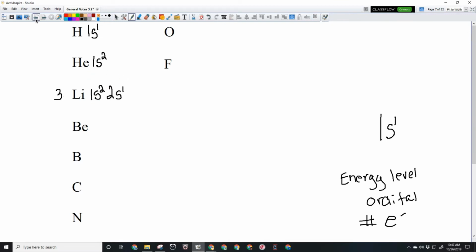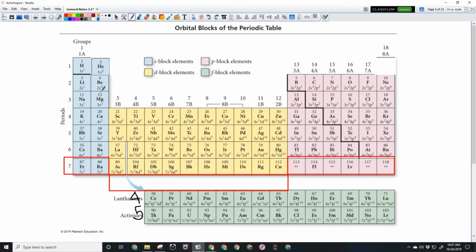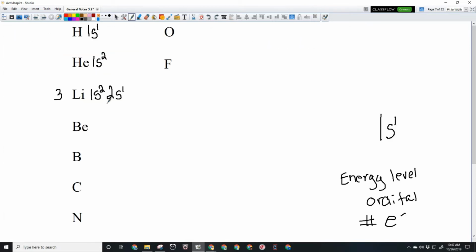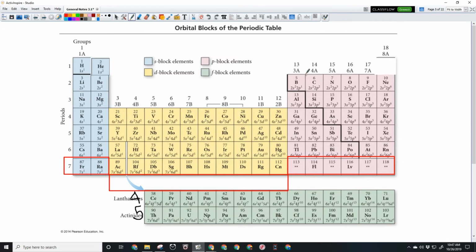So beryllium, being the next one, is in the second energy level. It's in the s block, and it has 2 electrons. So beryllium is going to be 1s2, 2s2. Now, boron is right here.